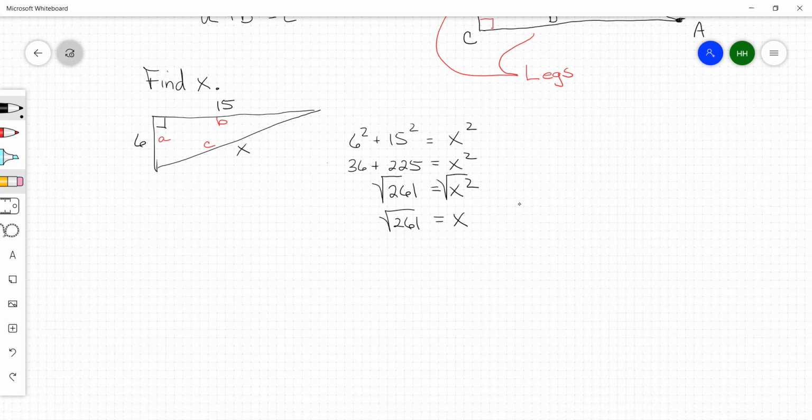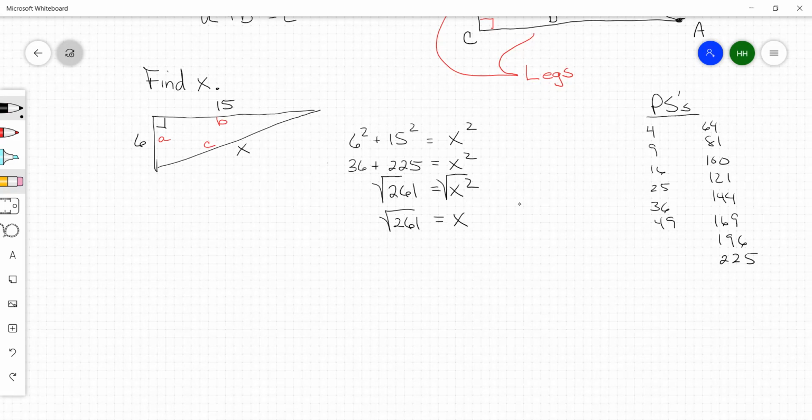So I'm going to start dividing it by perfect squares. Remember our perfect squares from yesterday? We don't use 1, but we got 4, 9, 16, 25, 36, 49, 64, 81, 100, 121, 144, 169, 196, and 225.